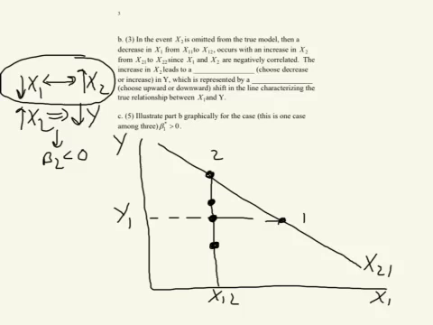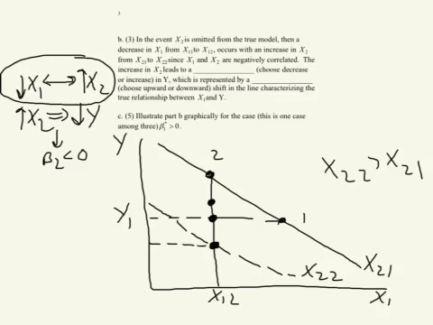And so the idea is x2 is changing. In this diagram, what that looks like is I'm shifting the relationship to reflect that x2,2 is greater than x2,1. Okay? And so I wind up at this point, and I'm going to call this y2 star.